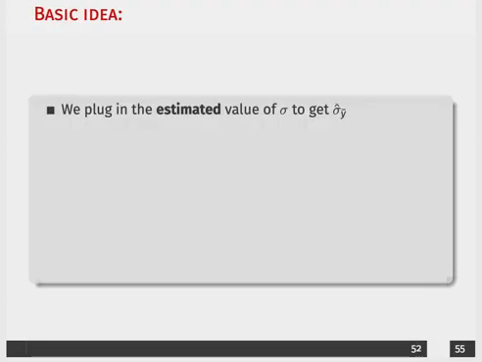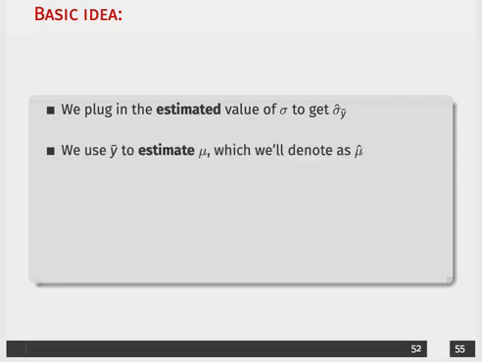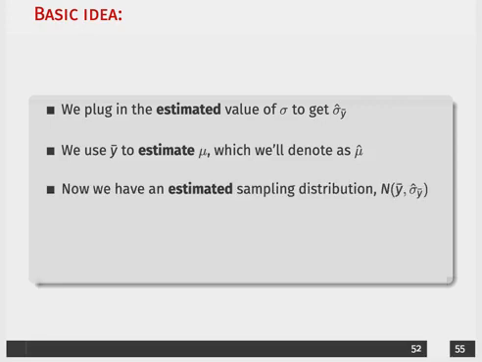Once we have a general understanding of the difference between the parameter and the estimator, we can plug in these values for both y bar as well as sigma. Once we have that, we know what the estimated sampling distribution is.